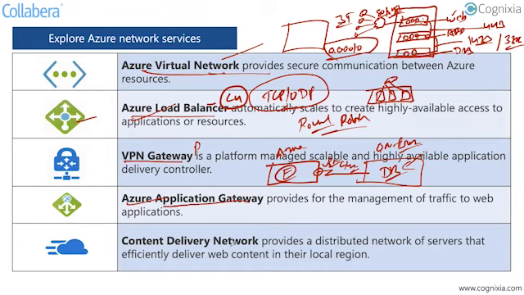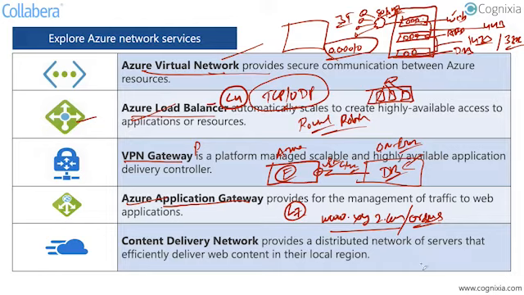Azure Application Gateway is used for content-based routing or URL-based routing. What does content-based or URL-based routing mean? It means layer 7 traffic. Assume my web application URL is www.xyz.com, and I've hosted an e-commerce website there.